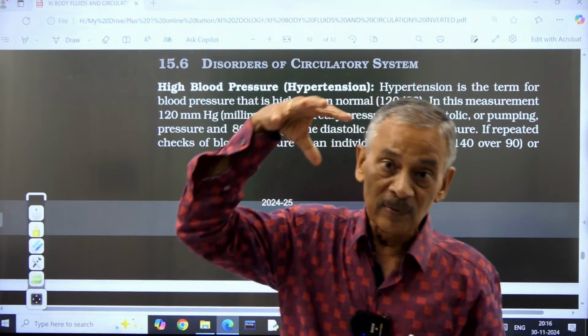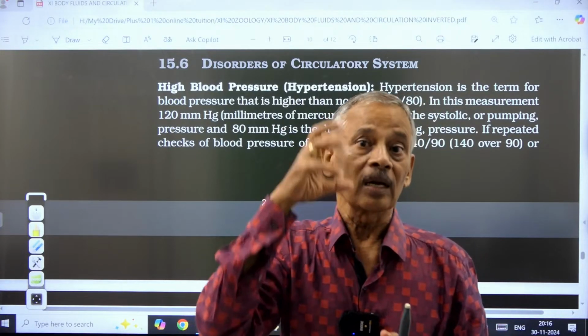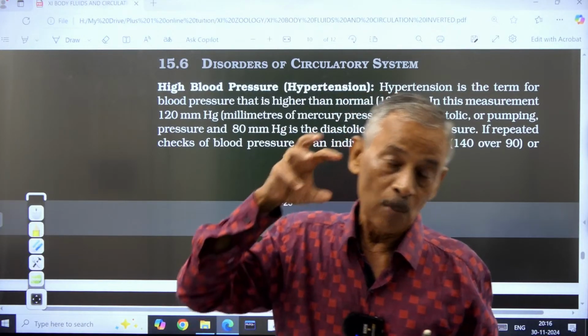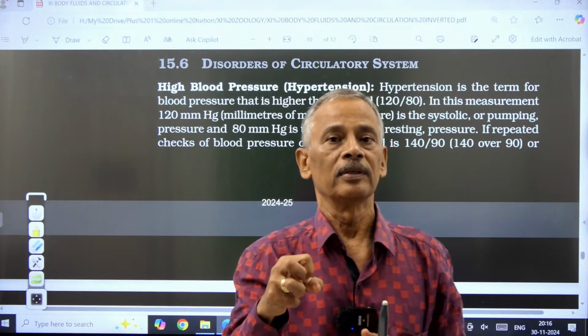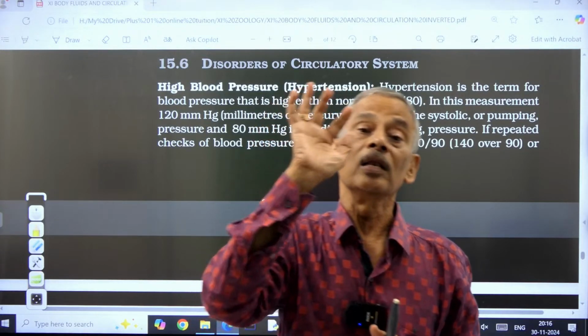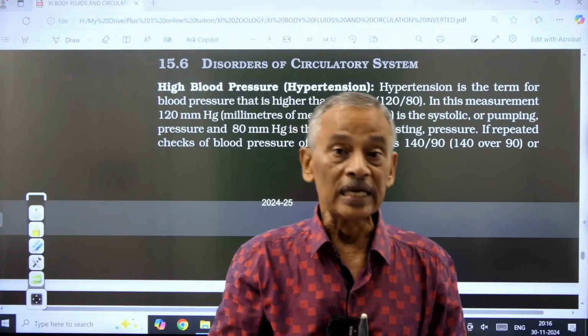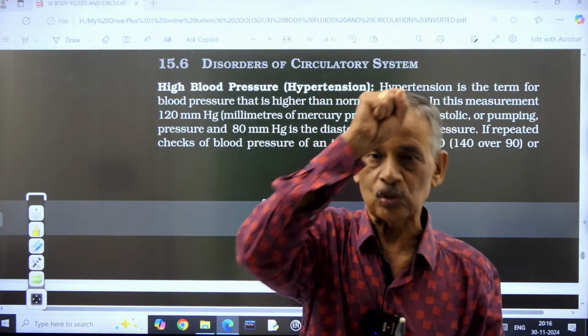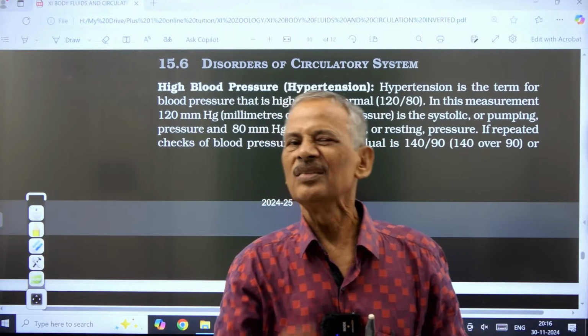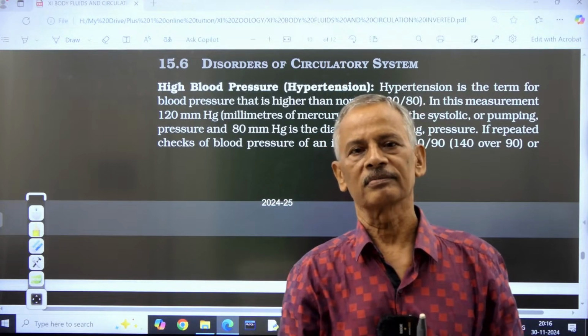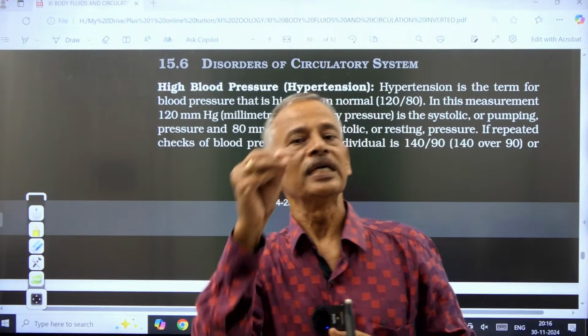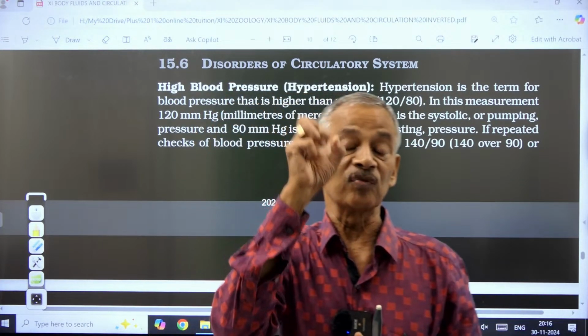So, during ventricle contraction, ventricular systole, more blood is pumped, meaning it will cause an increase in pressure. This increased pressure during systole is called systolic pressure, and during its diastole, pressure will be lowered.